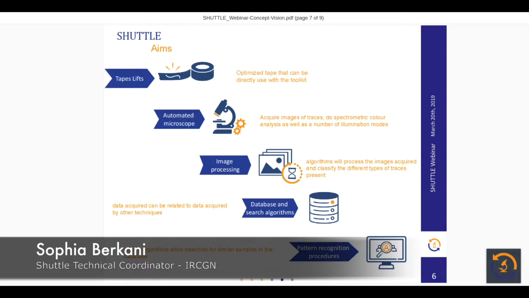Then an algorithm will process the images acquired and classify the different types of traces present. All data obtained will be compiled in a database with a search algorithm which will help to generate the pattern recognition procedure, allowing the searching for similar samples in the database.